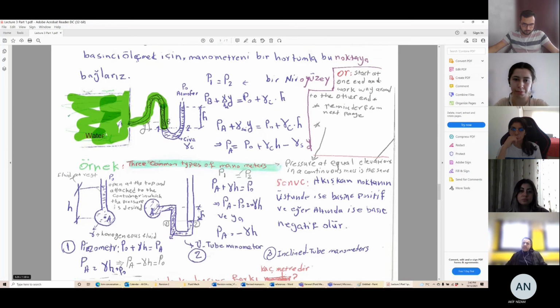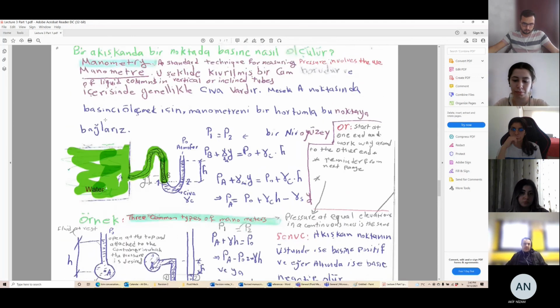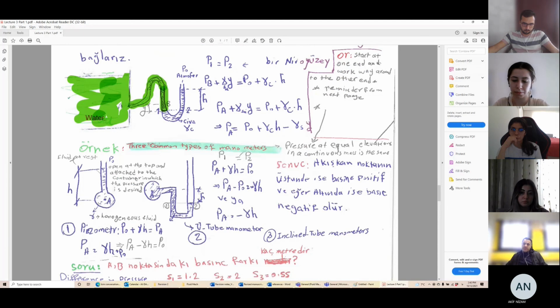Here, when we are going to talk about manometers, the simplest manometer is this one, which is also called a piezometer. There is no U shape. It is only a glass tube with a tank at the bottom.